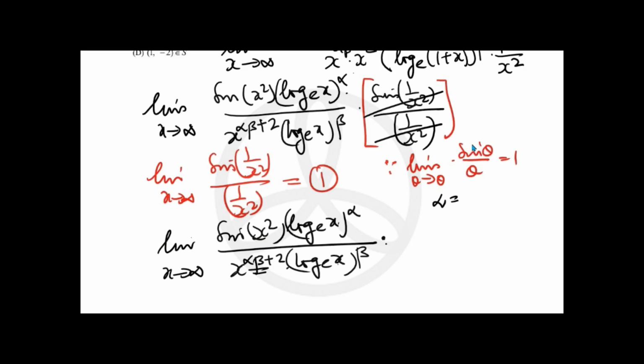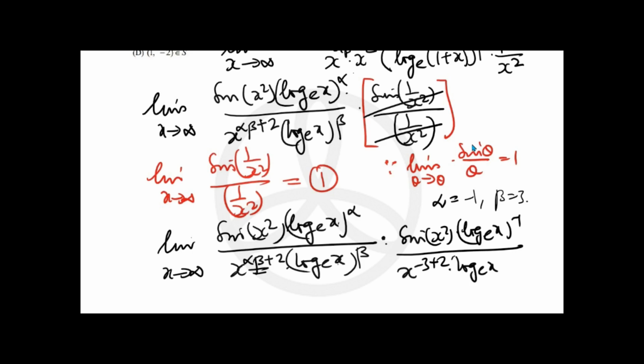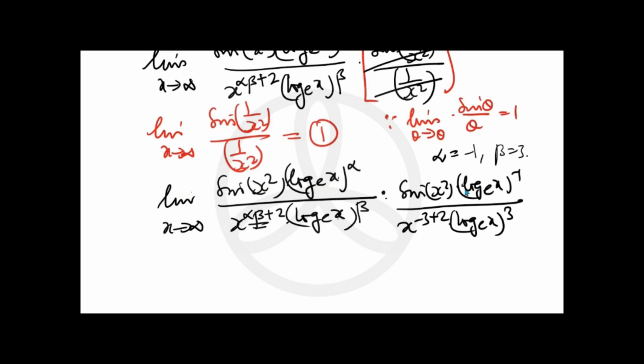So first we will take alpha is equal to -1 and beta is equal to 3. This will give sin x square log e x minus 1, and this is x minus 3 here, minus 1 multiplied by 3 plus 1. Okay, log e, this is 3. Students, you find that both x and log e x are in the denominator, which will make this expression undefined, and we cannot say that it is equal to 0.